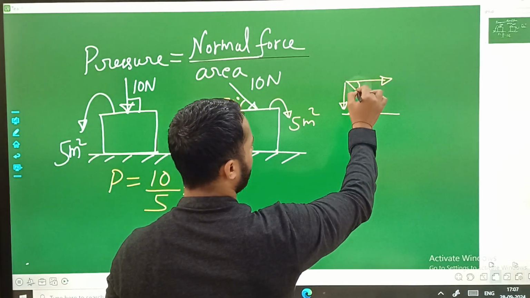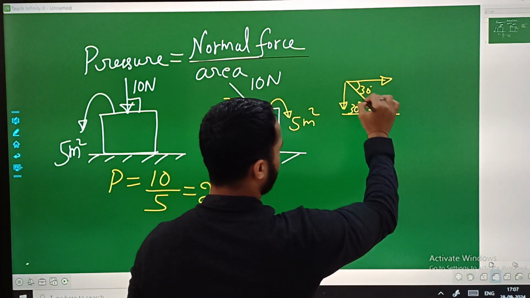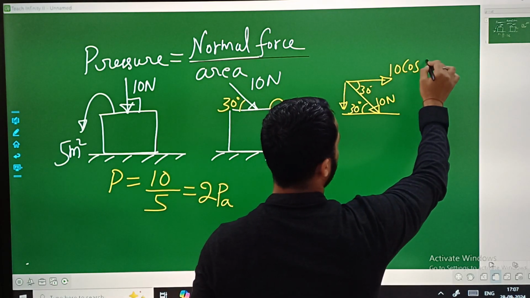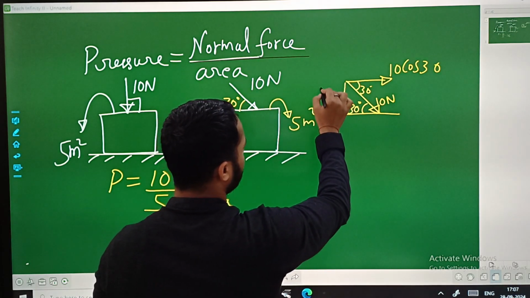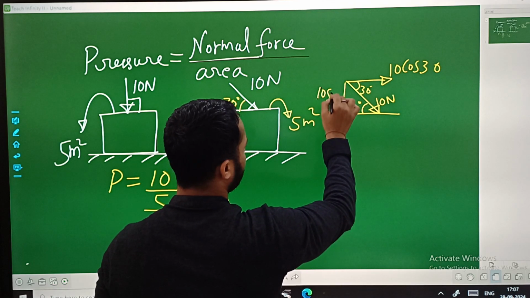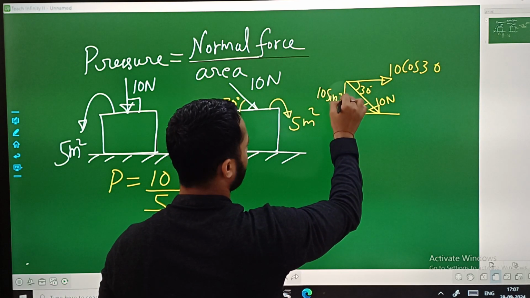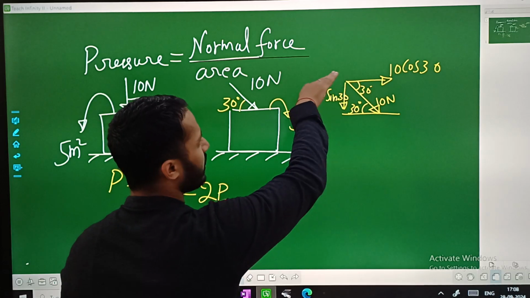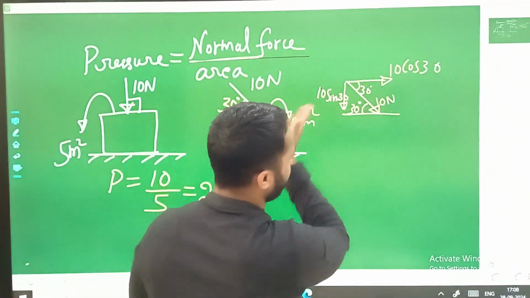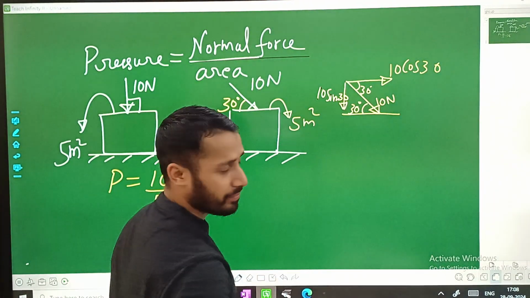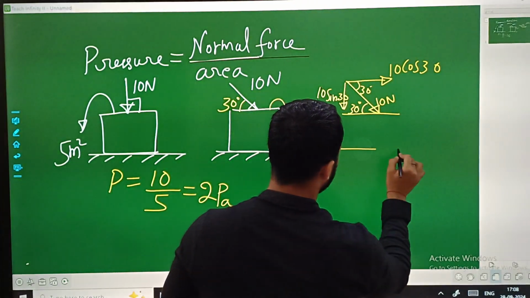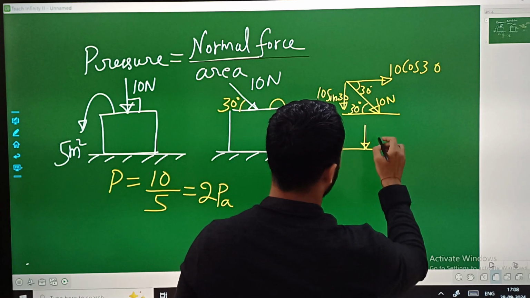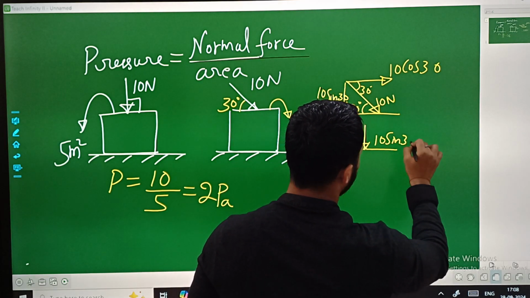If this is 30 degree, and this force is 10 Newton, then this component will become 10 cos 30 degree, and this component will become 10 sin 30 degree. Now you decide out of these two components which one is perpendicular to this surface. Of course 10 sin 30 degree. So we will consider only this component of this force, that is 10 sin 30 degree.